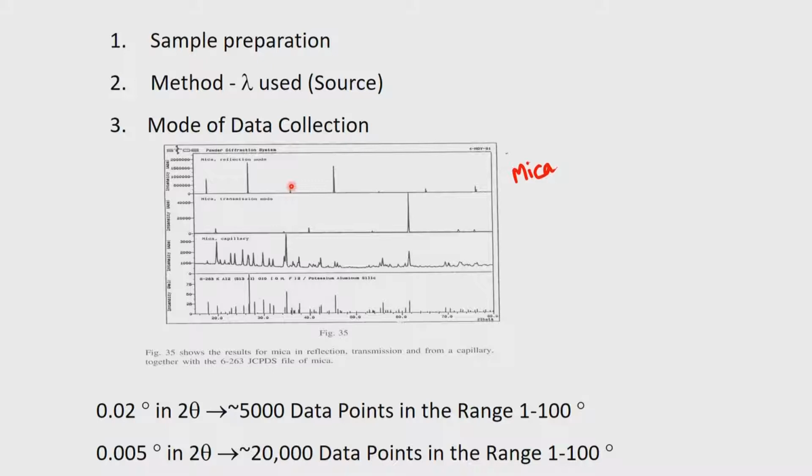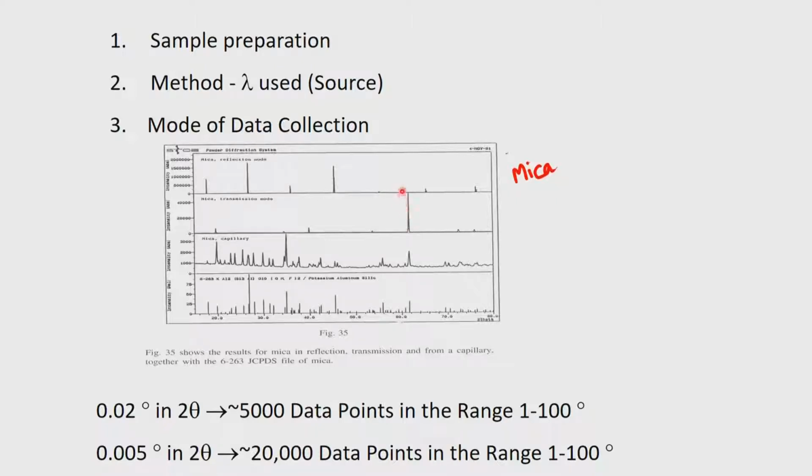If you do the transmission mode, you will get a different pattern altogether. It is the same mica, but your XRD pattern is different now. This is something to be explored very carefully. The reason is that the atoms in mica are all in a given plane, and so the scattering is dominated by that particular plane.